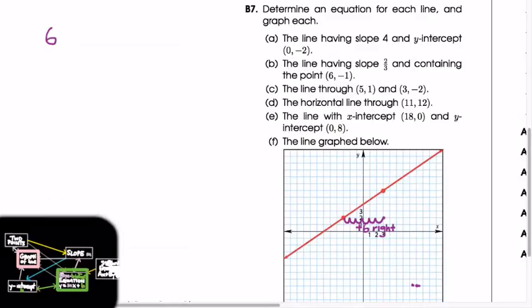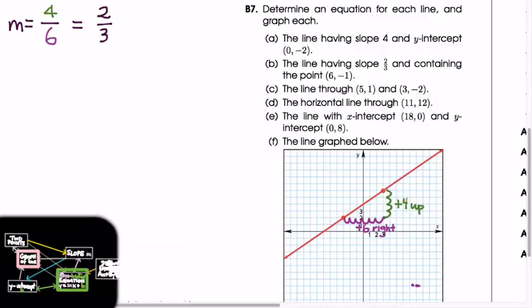And then counting upwards, 1, 2, 3, 4. 4 steps up, which tells me my numerator. And so the slope of my line is 4 over 6, which is better known as 2/3, written in lowest terms.